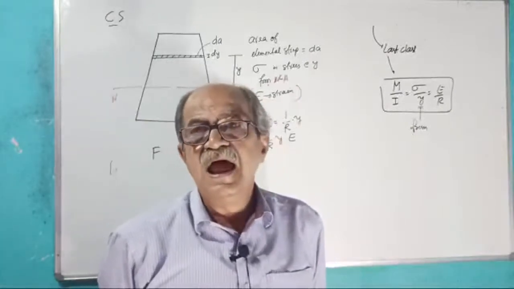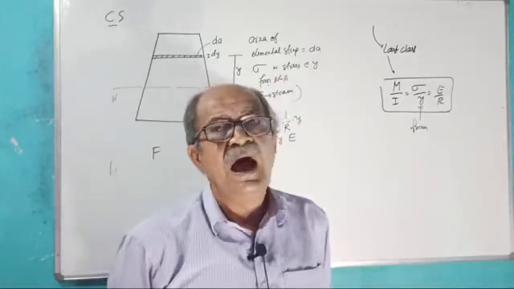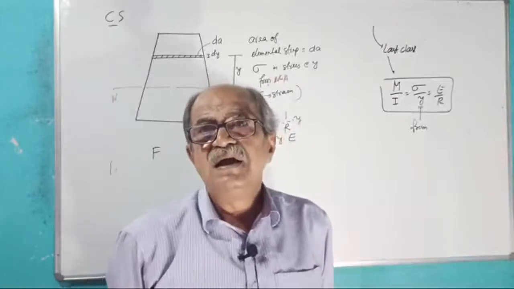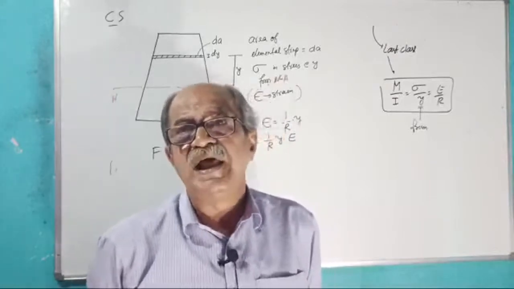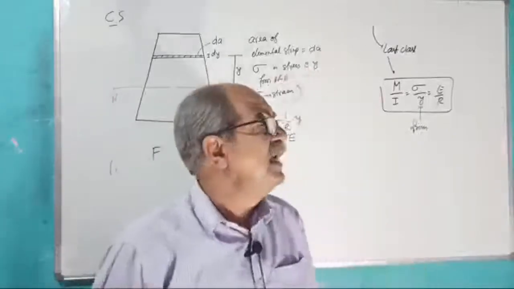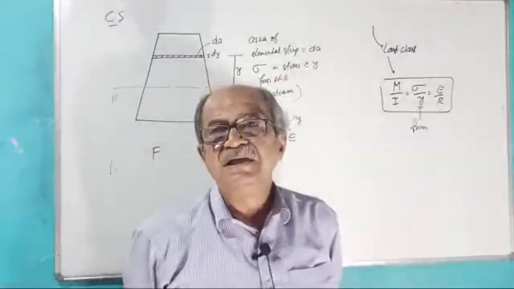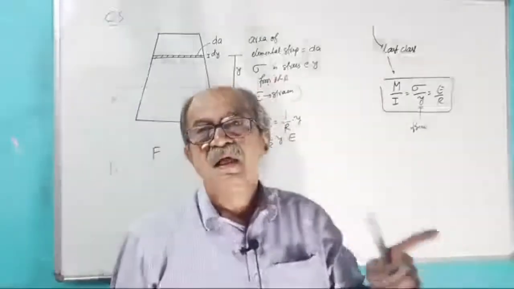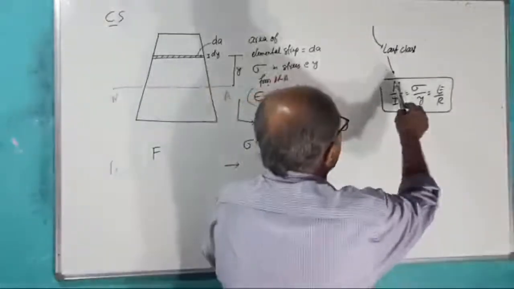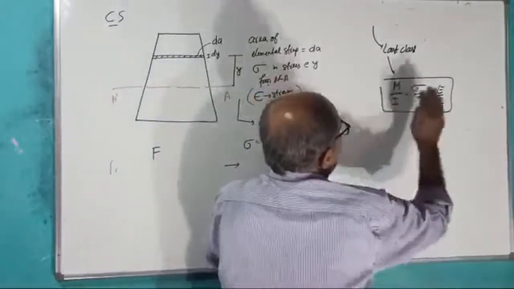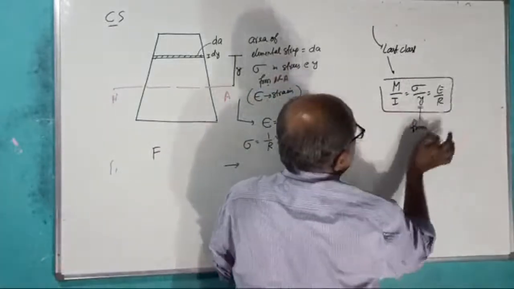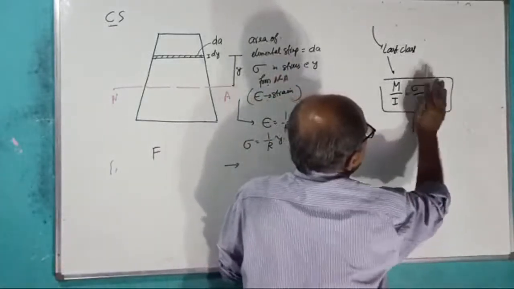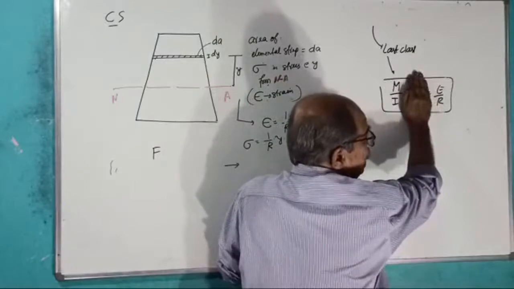And later we will prove that 1 by R equals d square y by dx square in the deflection chapter. Then you will get EI d square y by dx square equal to Mx. Now remember, M by I equal to sigma by y is for strength. M by I equal to E by R is for deformation.